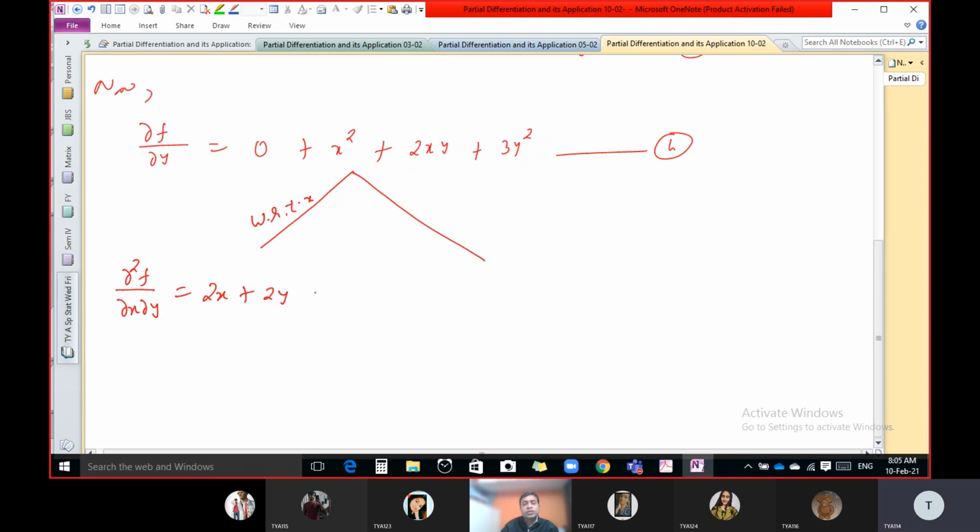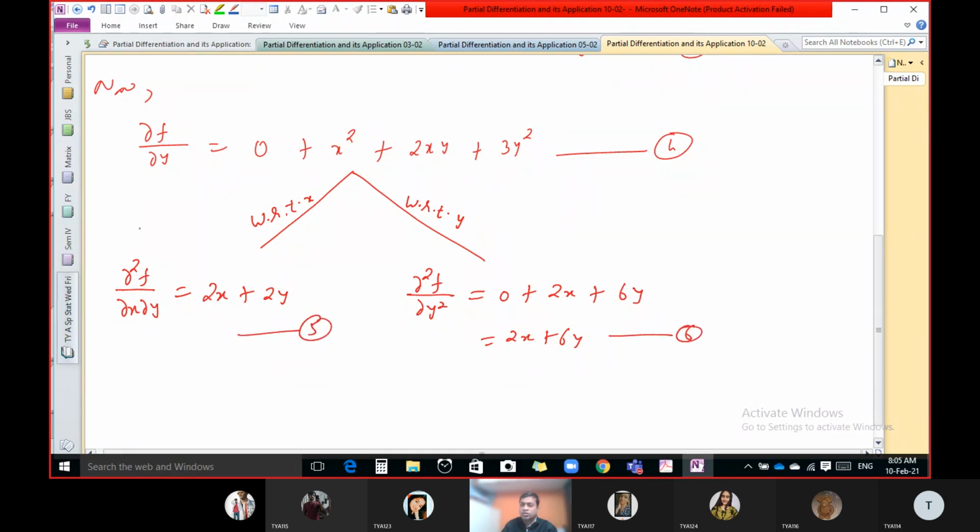Plus 0. Now differentiate this with respect to y, so del square f upon del y square. The derivative of x square is 0, then 2x, plus 6y. So the answer is 2x plus 6y. This is equation 5, this is equation 6, and that is the end of the question.